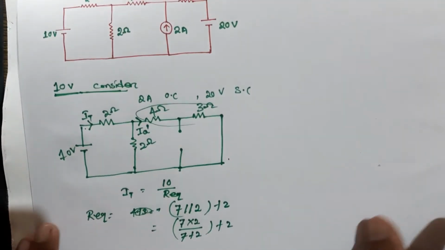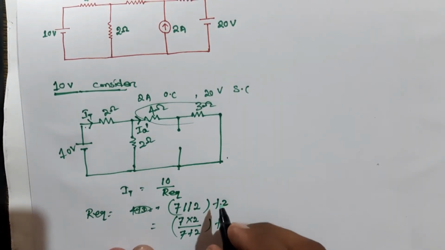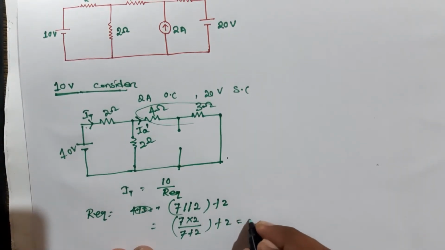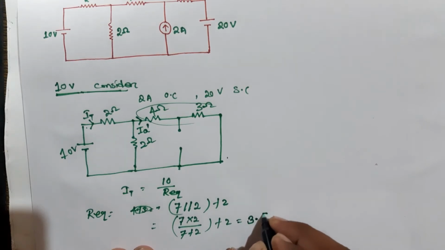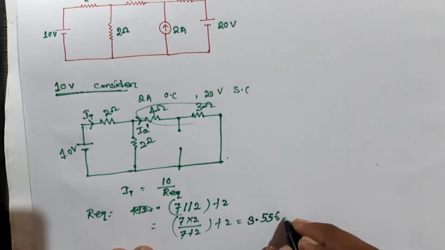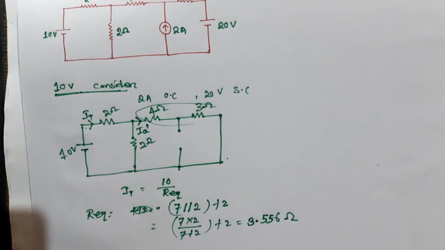Finally we got the answer 3.556 ohm. This is the equivalent resistance.